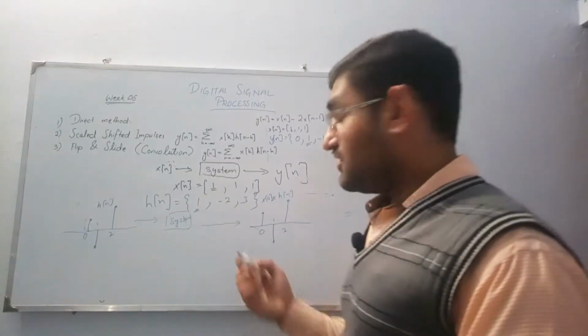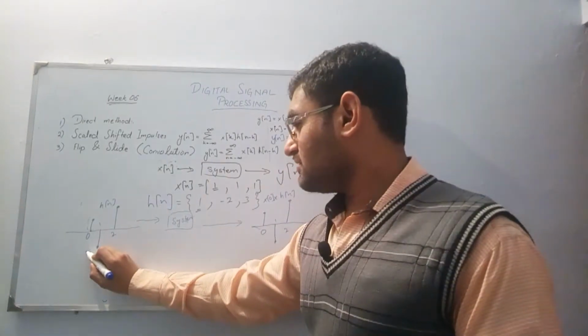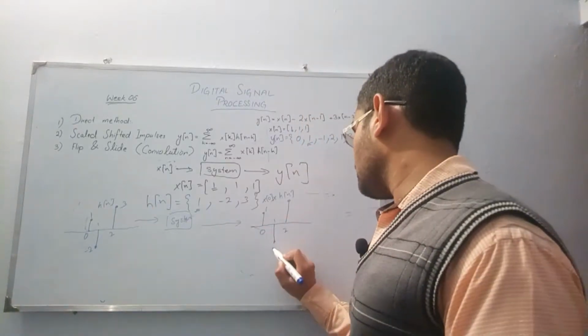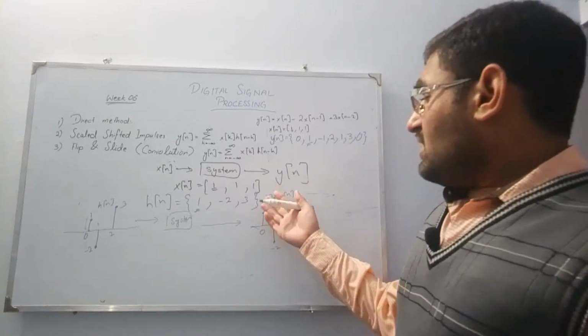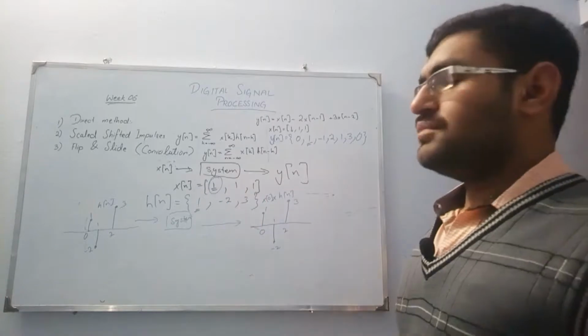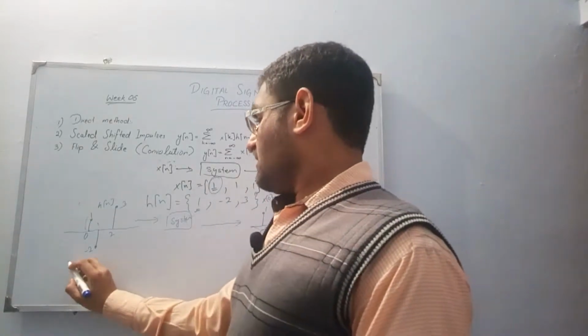Here is 0, 1, 2. This is 1, this is minus 2, this is 3. As you can see, we have the amplitude 1, so it will have no effect on it.